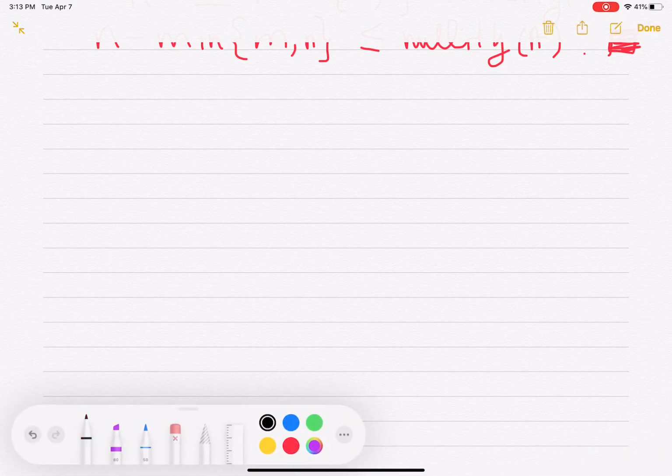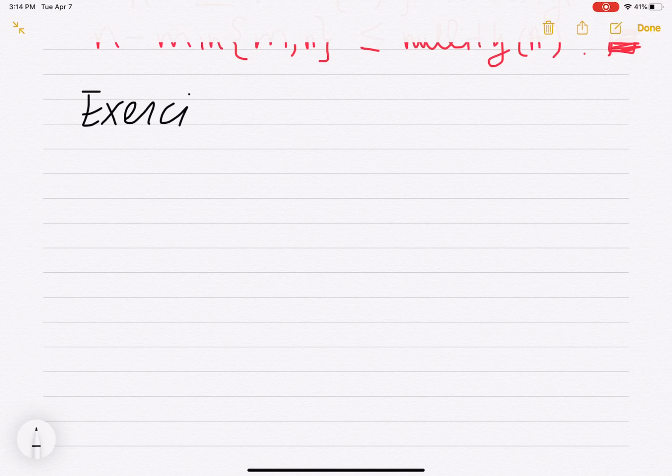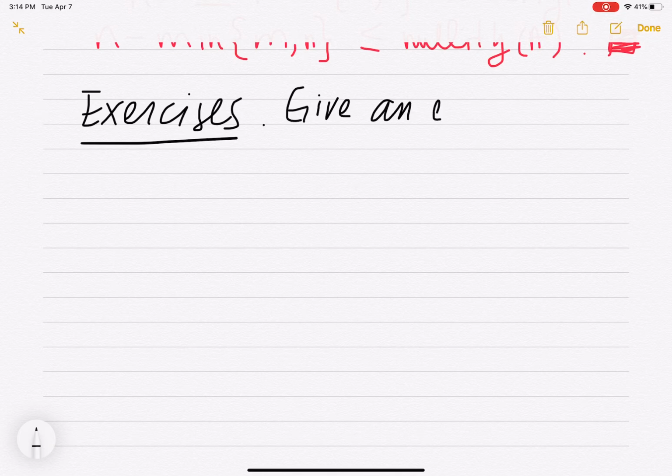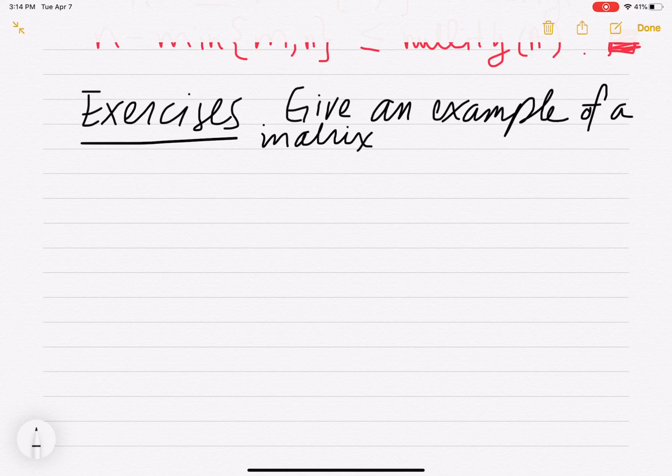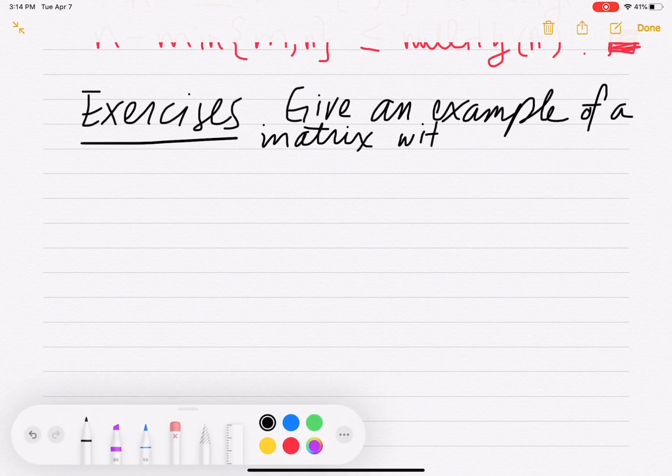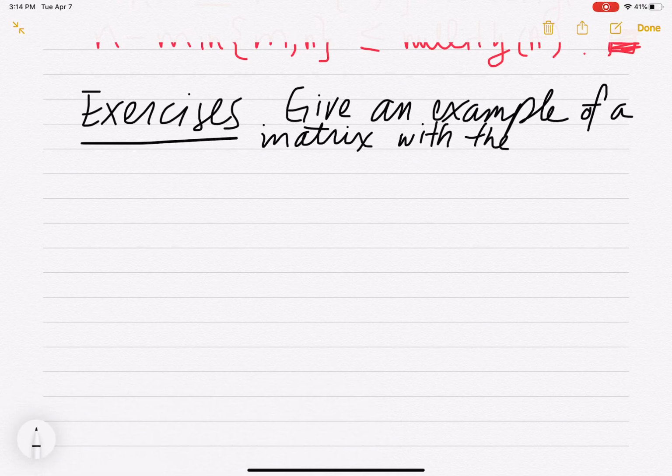Let's do some exercises. Give an example of a matrix with the following properties.